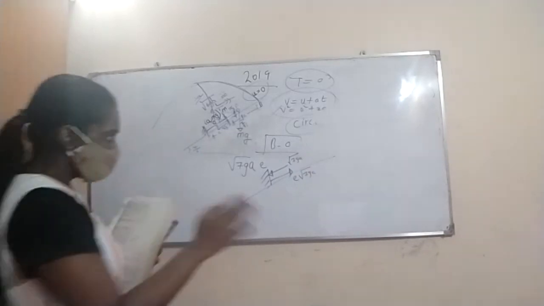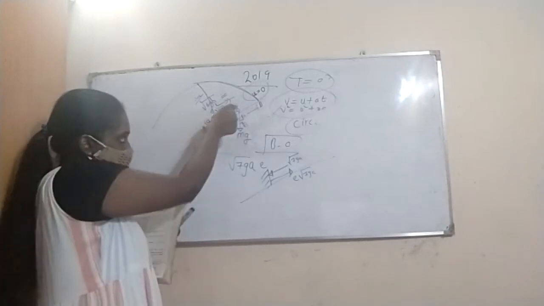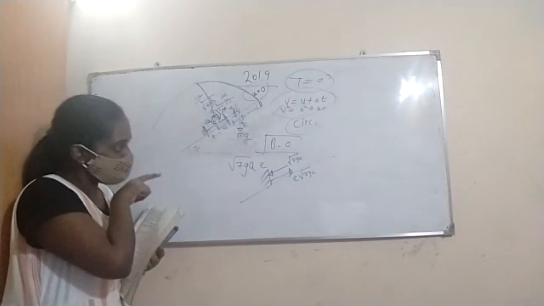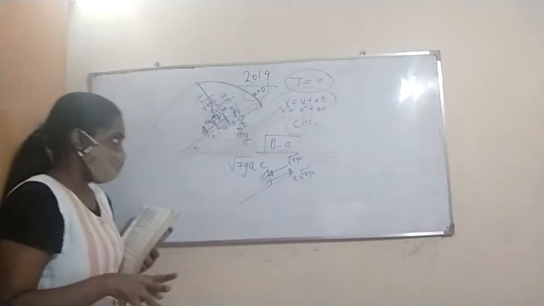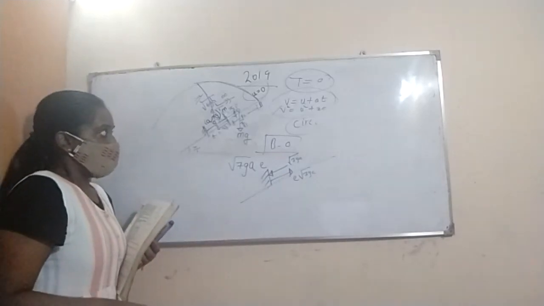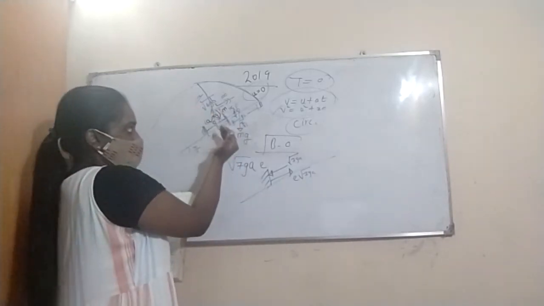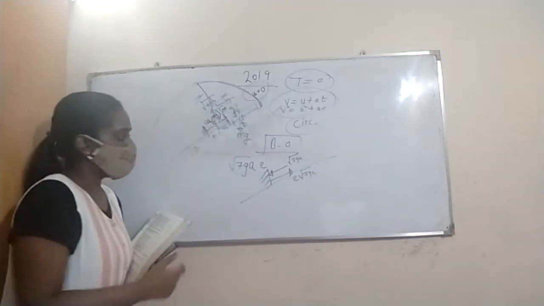Now the particle comes from A, hits the barrier with velocity square root of 7g, then returns with velocity E into square root of 7g. If it comes to rest before reaching A, then after that there is no simple harmonic motion.